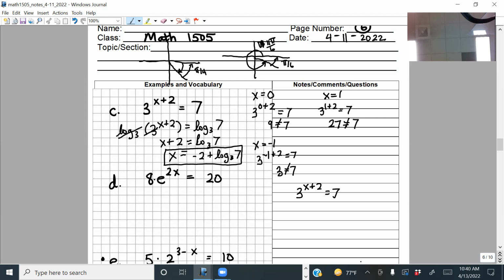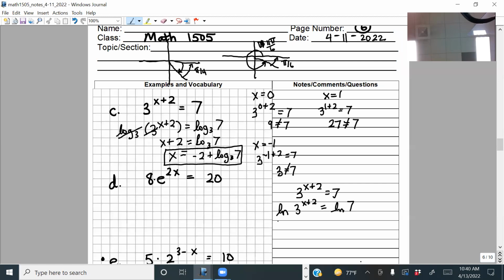So let's try a log that we can calculate, all right? And what can we calculate? Natural log, right? Or log base 10, but let's use natural log, all right? So well, here's what I'm going to do. I'm going to apply the natural log to both sides, just like I did above.